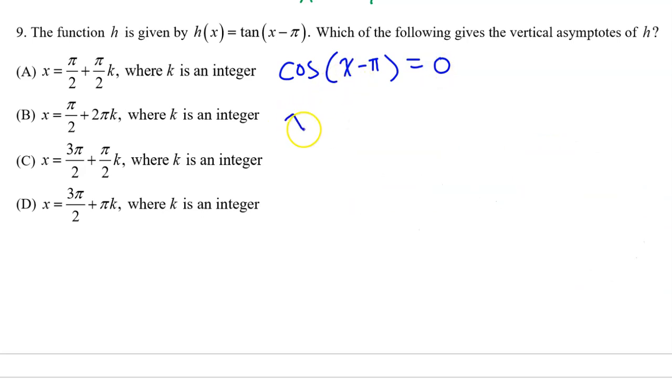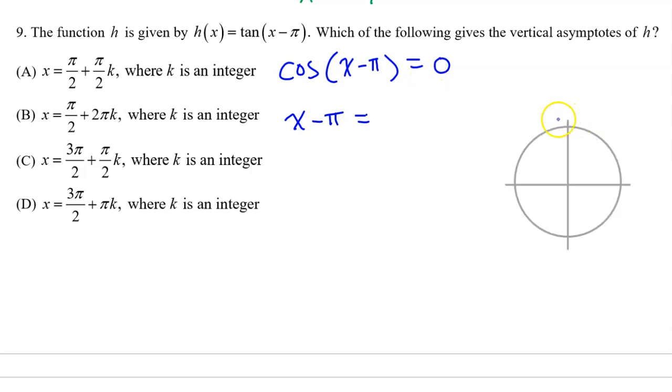First, we solve for x minus pi by asking ourselves the cosine of what is equal to 0. Cosine is the x value on the unit circle, and x values are equal to 0 here and here. So the first solution is pi over 2, and then we recognize that we will get another solution every time we add pi.